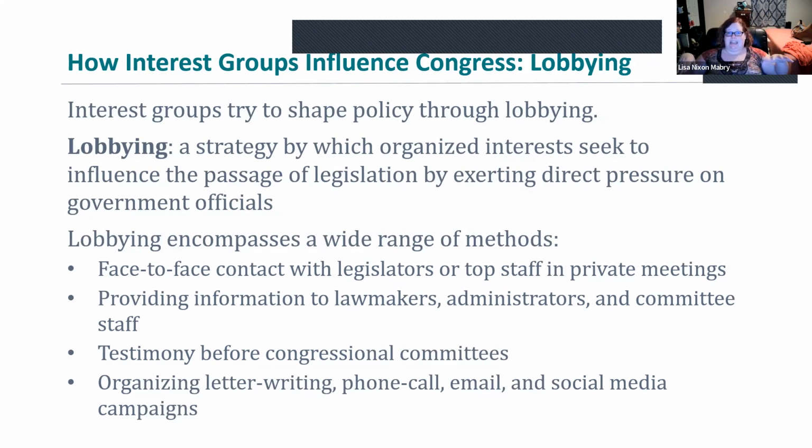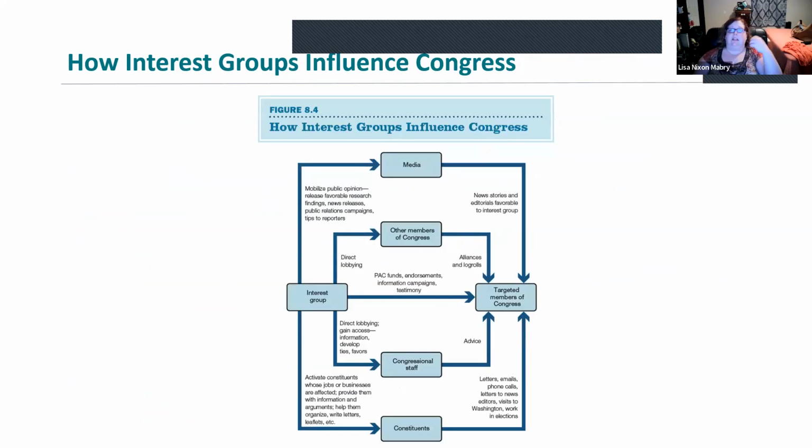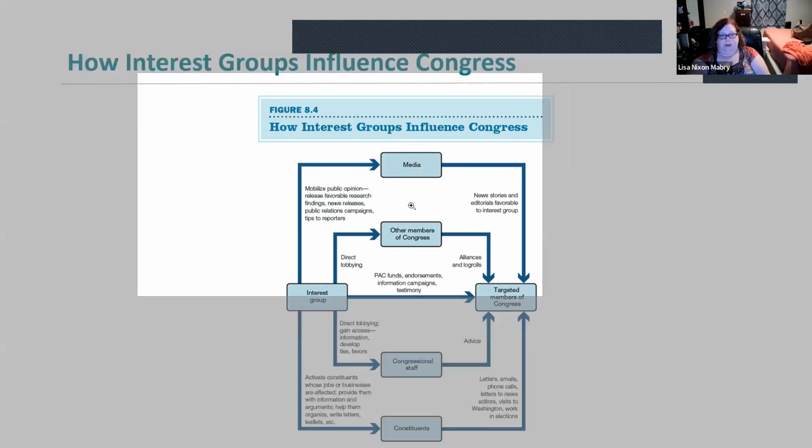We're going to inundate them with phone calls. We're going to send them emails. We're going to get the word out on our social media accounts that this issue matters and that you need to care about it and take action on it as well. So those are all ways that they lobby the legislators to actually do something about whatever it is their interest group is built on.